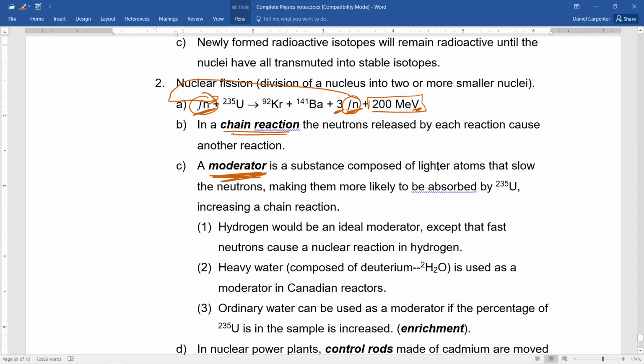Moderator is a substance composed of lighter atoms that slow the neutrons, making them more likely to be absorbed, increasing the chain reaction. Well, okay, so we're not really talking about slowing it down here. We're talking about making it more efficient. Slowing it down will come here at the bottom with the control rods.